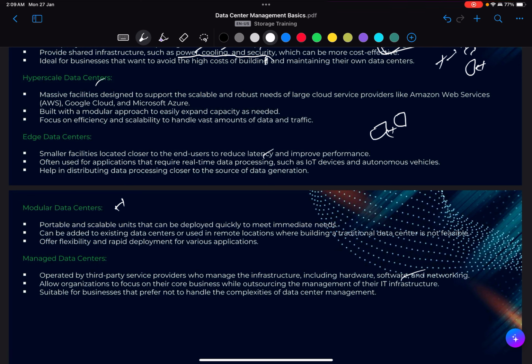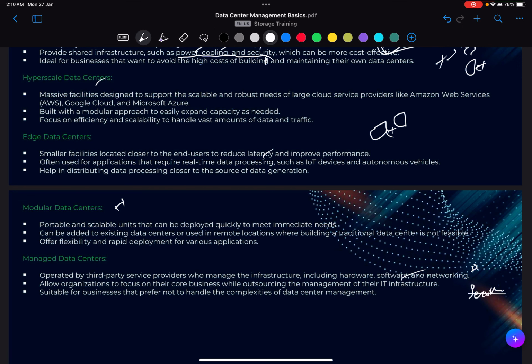So suppose earlier in the co-location, you have your data center person as well, who is visiting and doing everything, and you are managing your hardware, software, and networking. But here in the managed data center, you don't. It is just a cloud-like facility where you have services on offer.